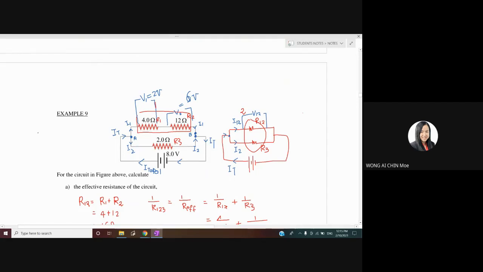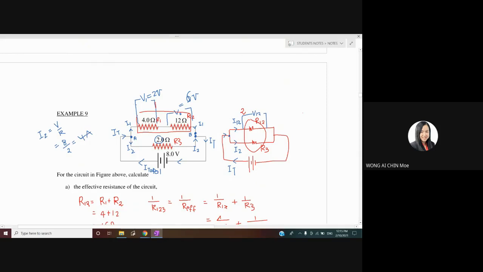If you want to find I2, it is equal to V over R. So here I write I2, the potential is equal to 8 volt and the resistor is equal to 2 ohm. So the current flowing through is 4 ampere.